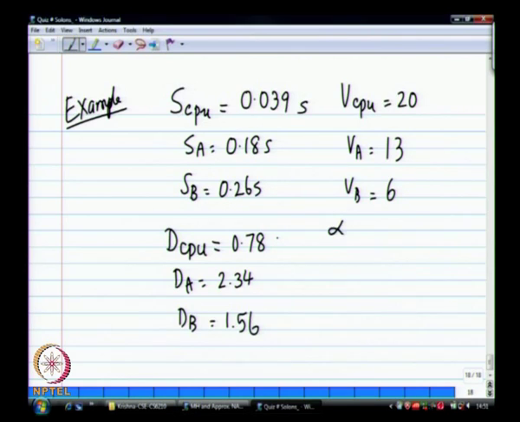And for alpha equals 1 by 0.78, we had computed that YCPU was 1, YA was 3, and YB was 2. So this is what has been given to us, right? With just this, we can now proceed to get all the Q values, everything.